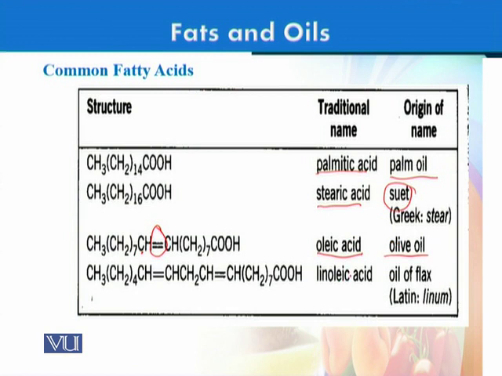Another is linoleic acid, which has 2 double bonds, like 2 unsaturations here, and linolenic acid is present in flaxseed oil. So every fat would have all these combinations of fatty acids, but certain fat products might have an abundance of one fatty acid or the other.